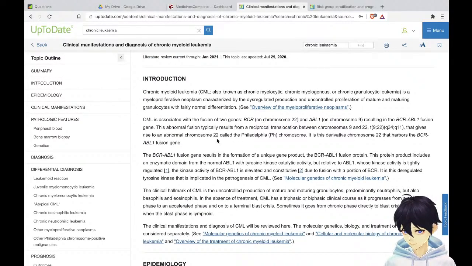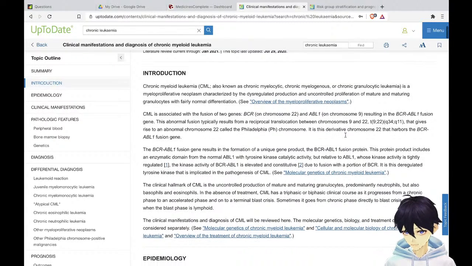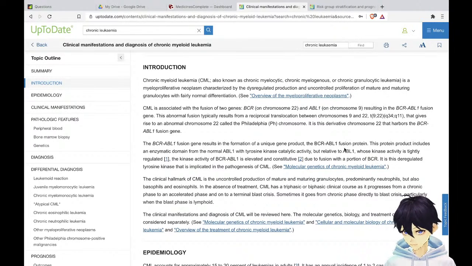Chronic myeloid leukemia, also known as chronic myelocytic, chronic myelogenous, or chronic granulocytic leukemia, is a myeloproliferative neoplasm characterized by the dysregulated production and uncontrolled proliferation of mature and maturing granulocytes with fairly normal differentiation.